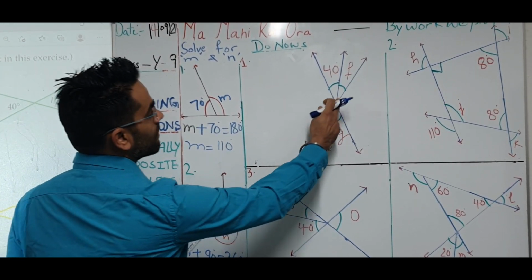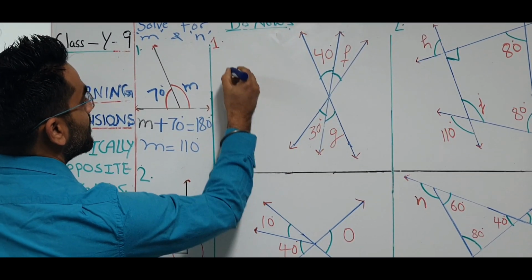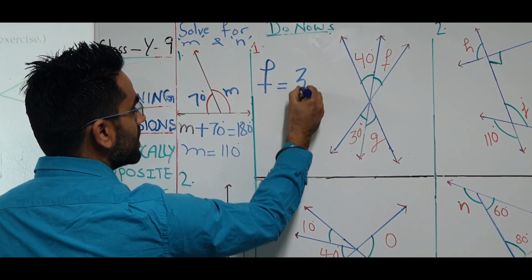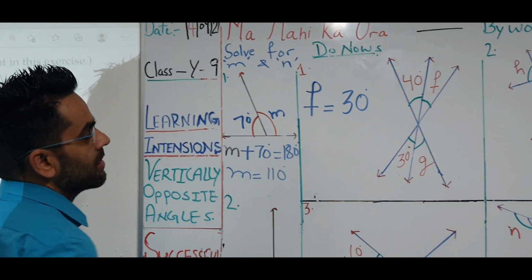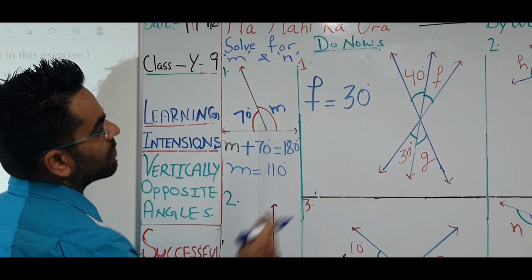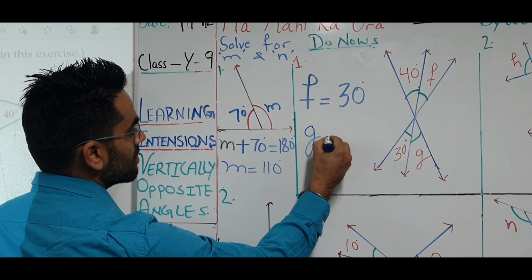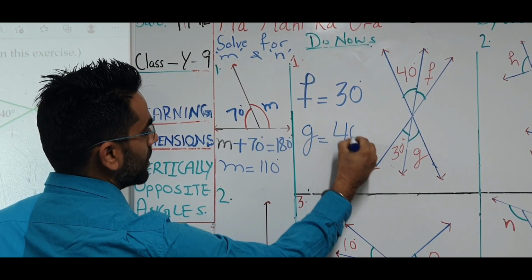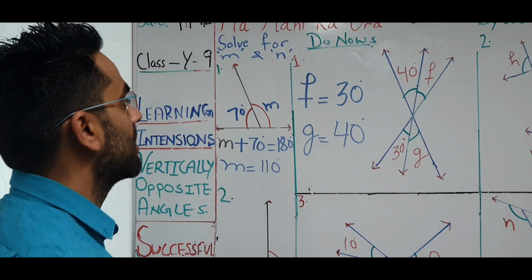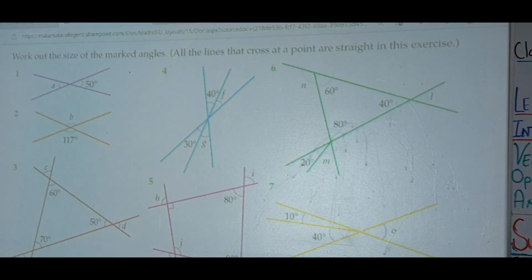F is just opposite to 30 degrees, so F is equal to 30 degrees, and G is opposite to 40, so G is 40 degrees. So now F and G are 30 and 40. I'm going to move on to my next question.